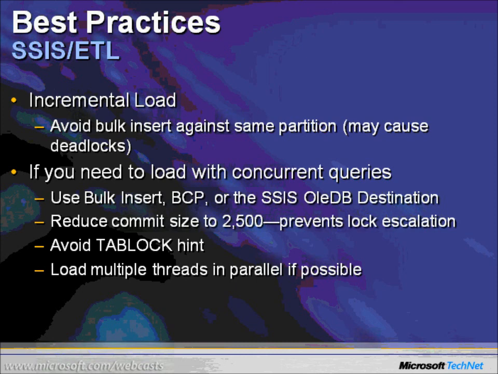If you need to load with concurrent queries, you can use bulk insert, BCP, or the SSIS OLE DB destination and keep a small commit size. This prevents lock escalation. Avoid using the table lock hint because you want to be able to concurrently load the same table with multiple jobs, and use multiple threads to load in parallel.